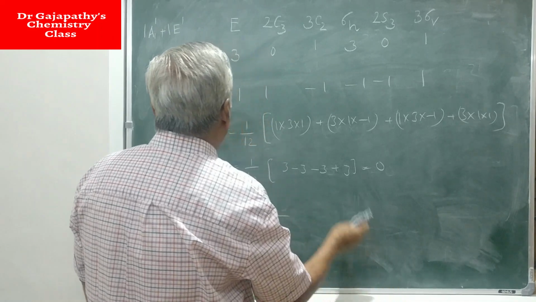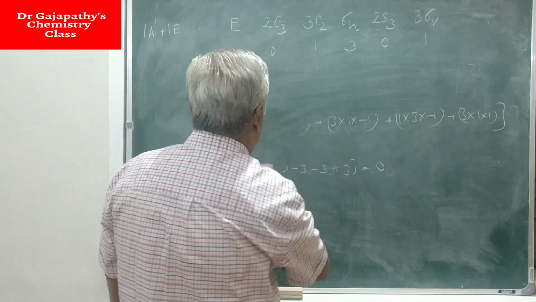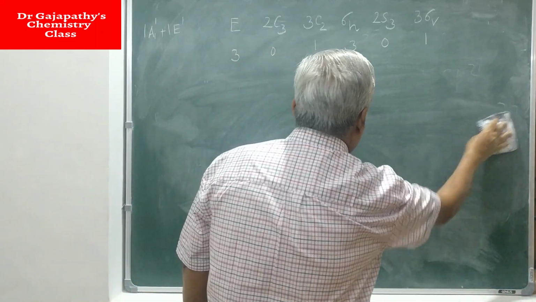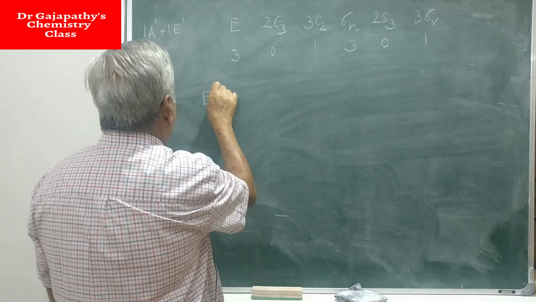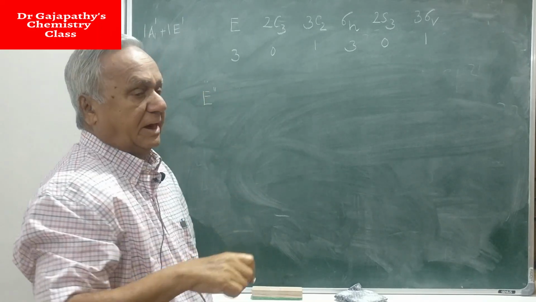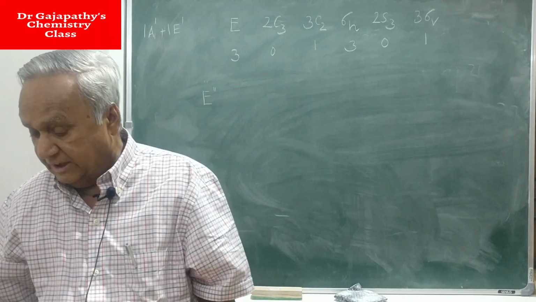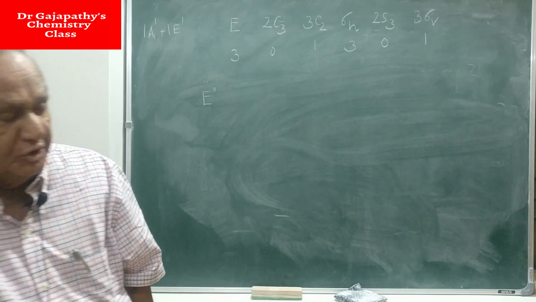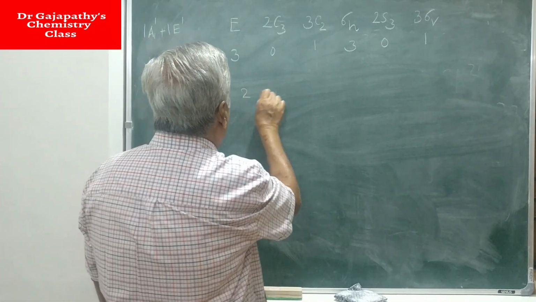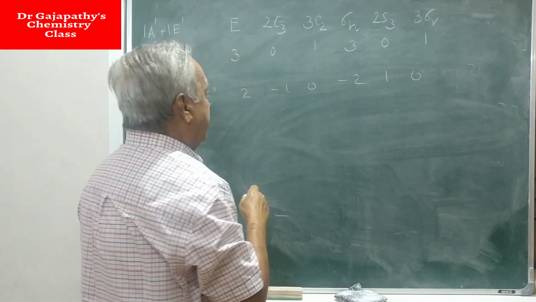Is there any E double prime? Let me find that out also. The character table of D3h tells me the characters for E double prime are 2, minus 1, 0, minus 2, 1, 0.